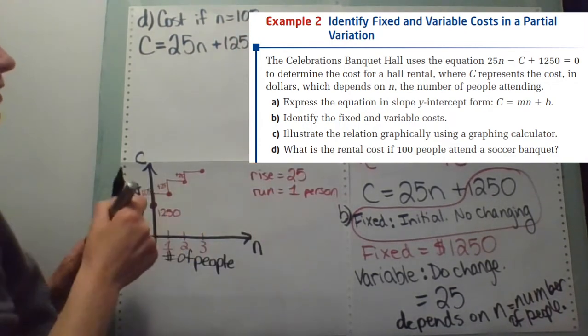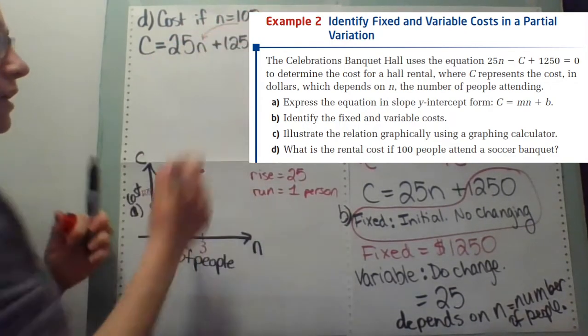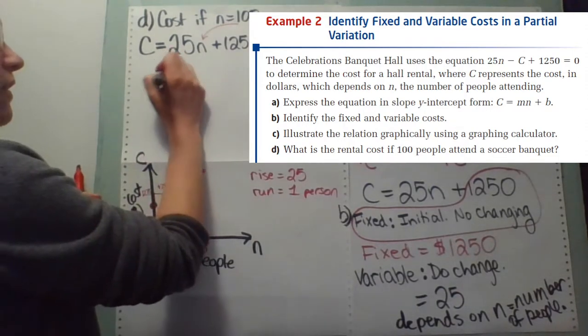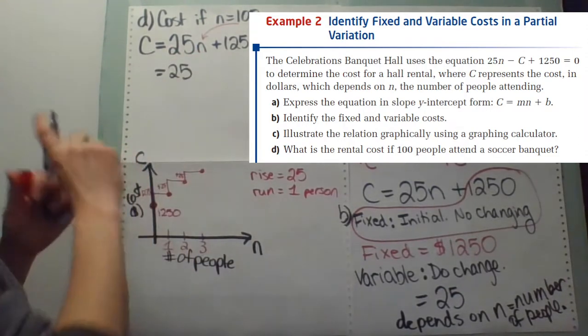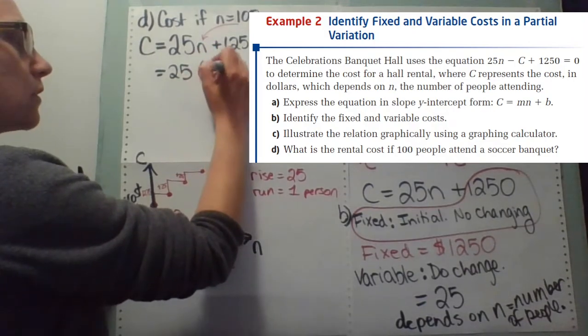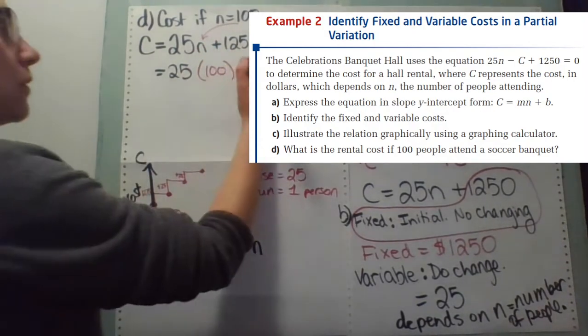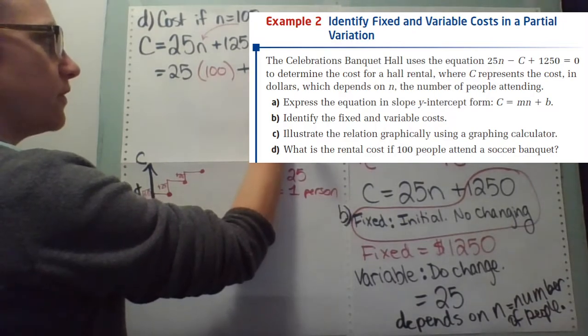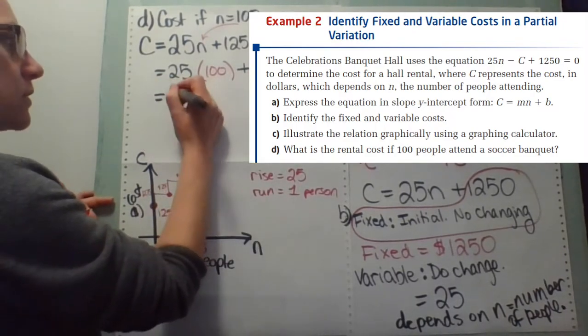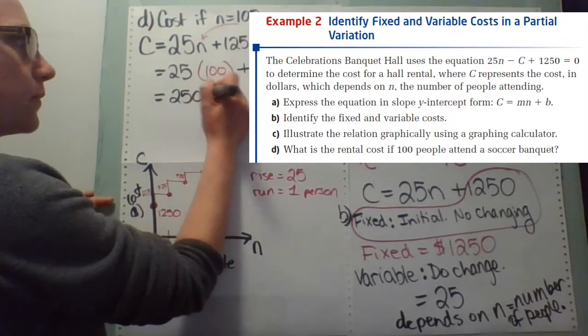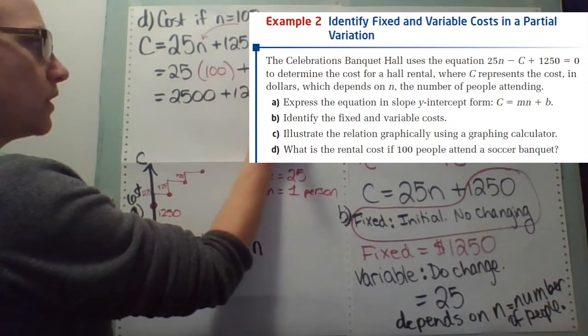We're going to substitute that 100 in for N. So that means I'm going to have 25 times 100 plus 1250.